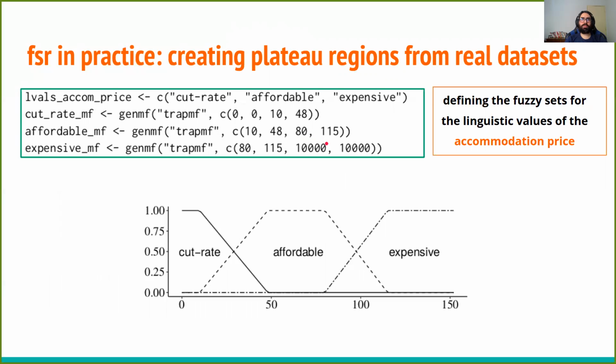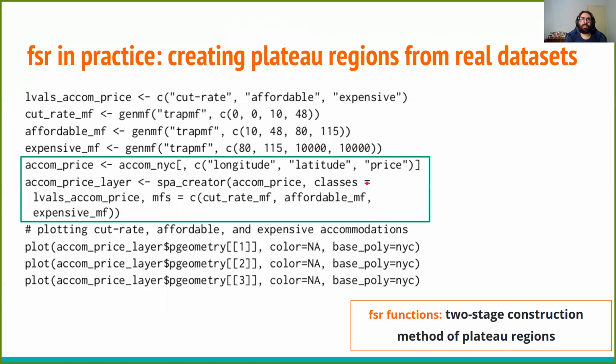So here we first create a character vector containing all the linguistic values of the accommodation price. Then we express the meaning of each linguistic value by defining membership functions. In this example, we employ the trapezoidal membership functions.